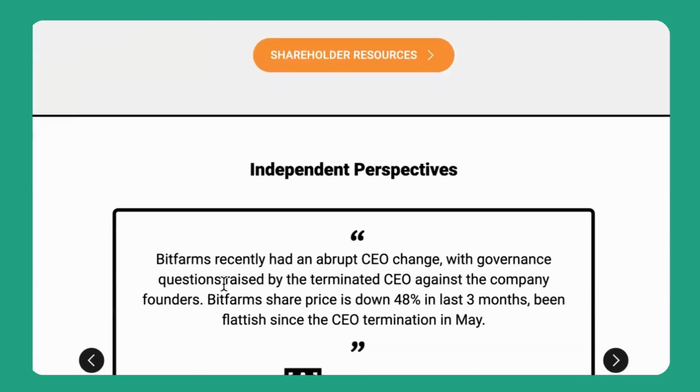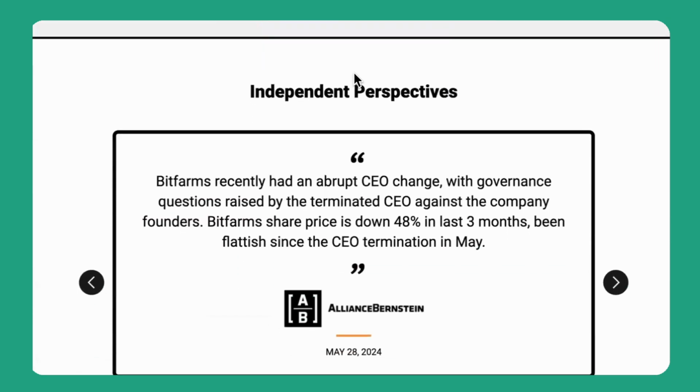Let's take a look at what they have talked about as far as the independent perspectives. Bitfarms recently had an abrupt CEO change with governance questions raised by the terminated CEO against the company founders. Bitfarms share price is down 48% in the last 3 months, been flattish since the CEO termination in May. This according to a quote by Alliance Bernstein, May 28, 2024.